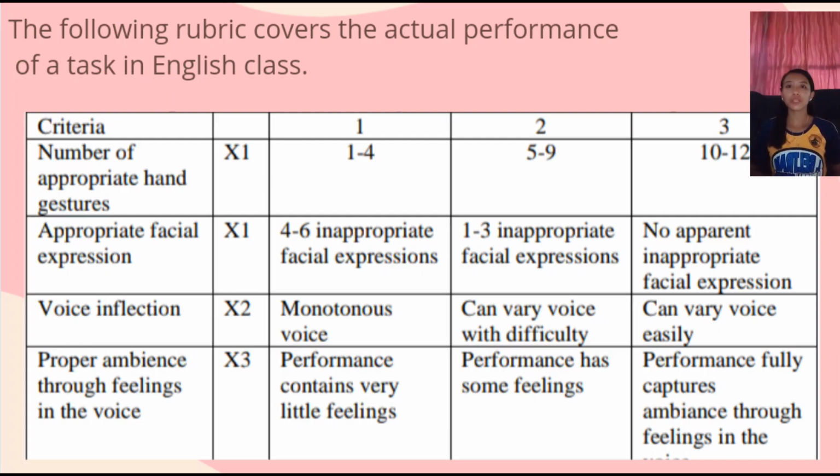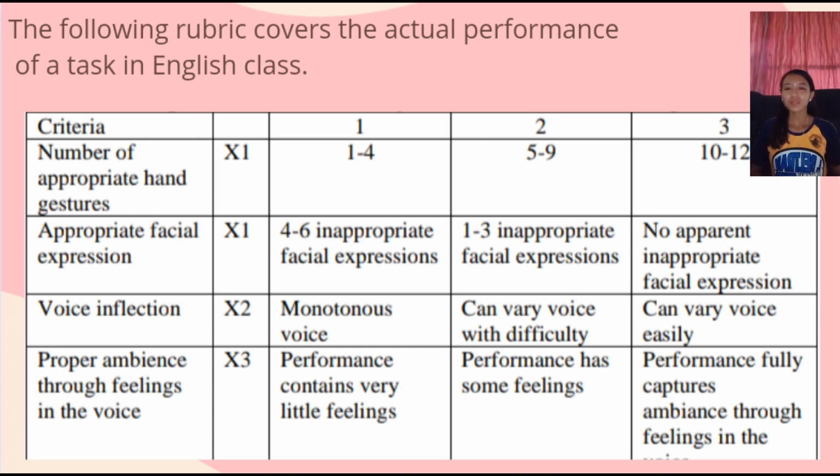Let's take a look at the example here. So, mao ni siya ang example or noun sa scoring rubrics. The rubric covers the actual performance of a task in an English class. So, as you can see sa left upper part na ay word na criteria. Then, ubos ana niya are the basis or example of a criteria.